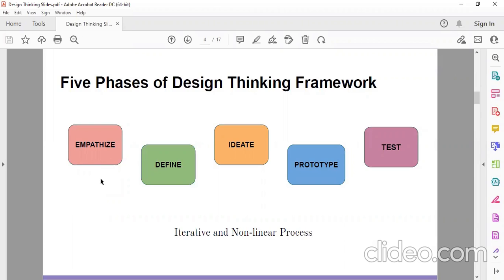It is a particular way of coming up with innovative ideas, right? To come up with those innovative ideas, you have to, of course, start thinking from the designer's mindset, but you have to approach the problem from the user's perspective, right? So this is not just limited to the designers.